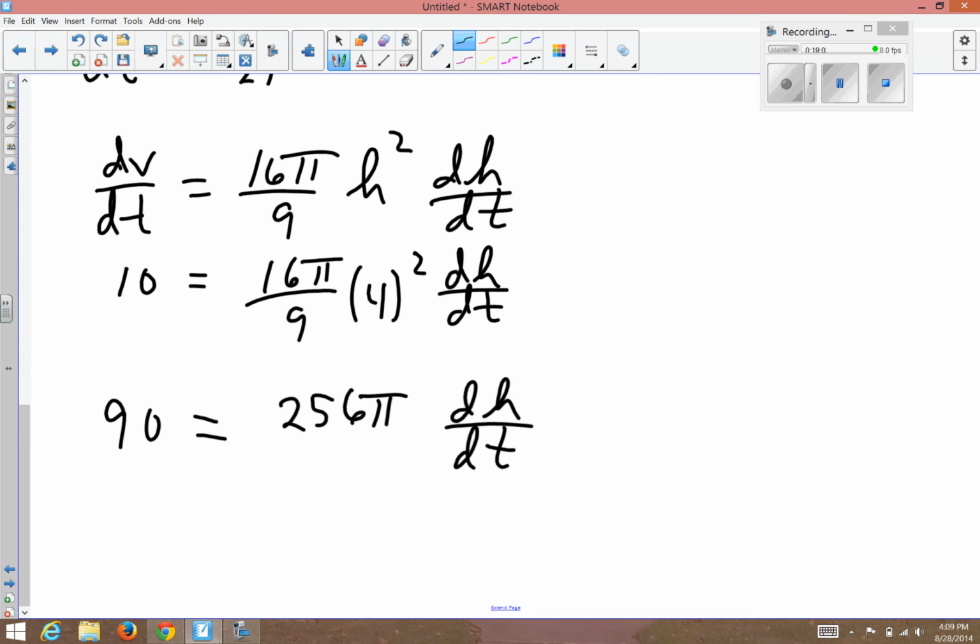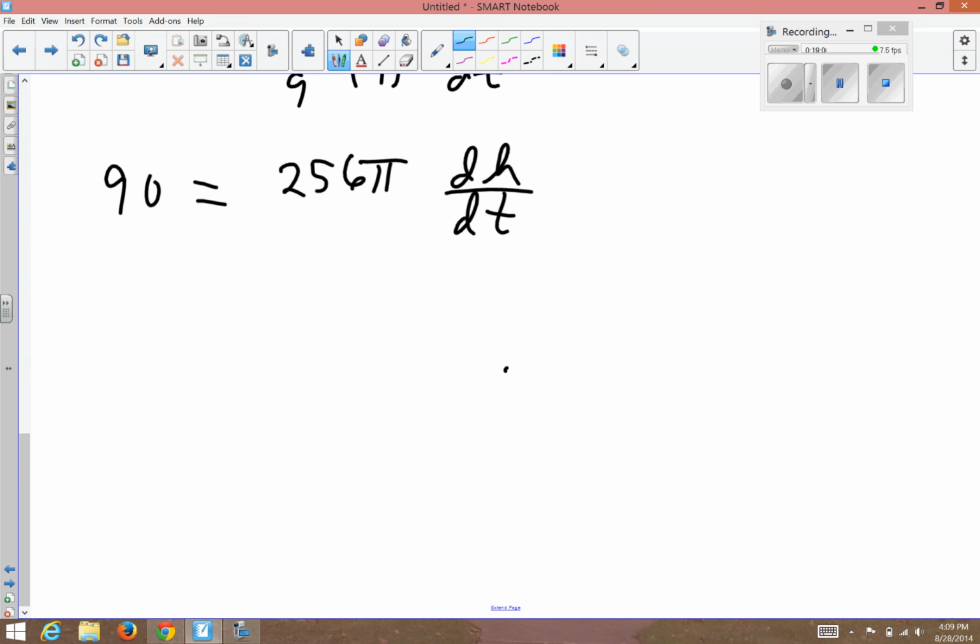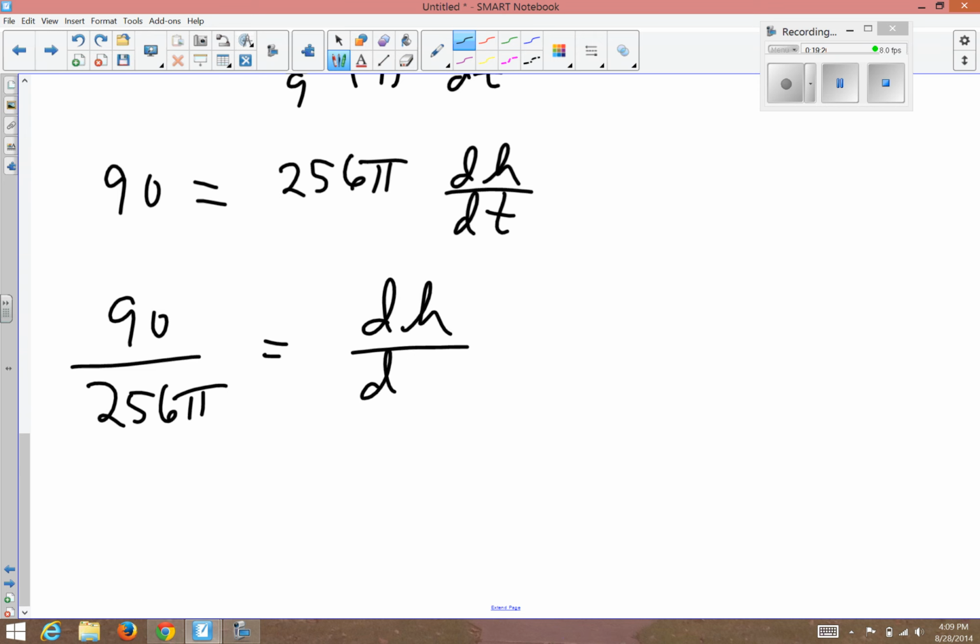And the 9 is gone because I multiplied both sides by 9. Now we'll divide both sides by 256 pi. 90 over 256 pi equals dh dt. 90 over 256 can be reduced to 45 over 128.